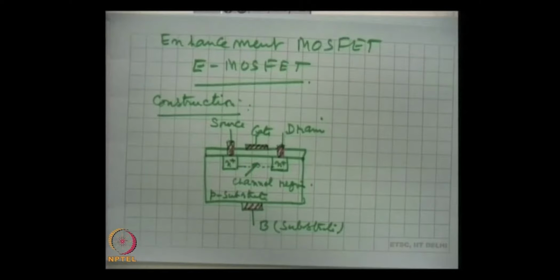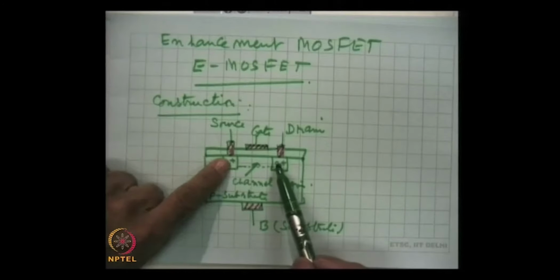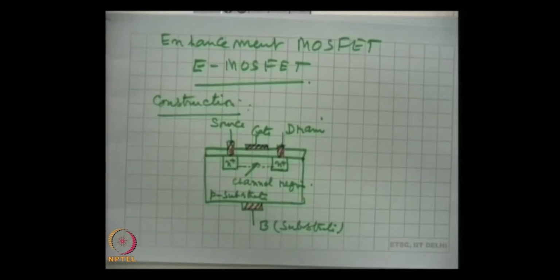Now, let us see what happens when we apply. We will forget for the time being the voltage VDS, we are not applying. We will show you how a channel can be formed by the application of a positive voltage between source and gate.